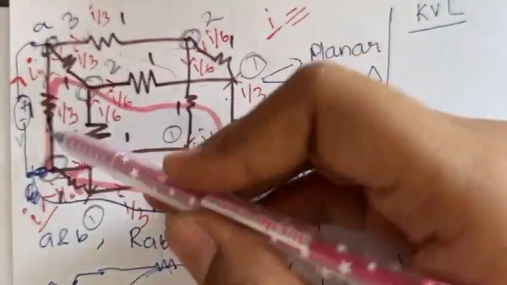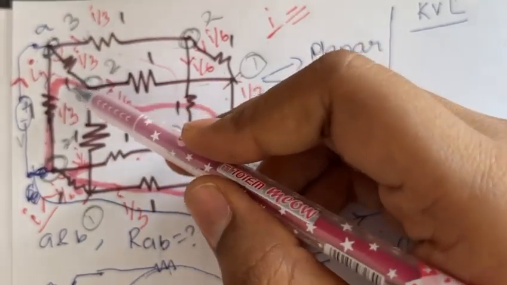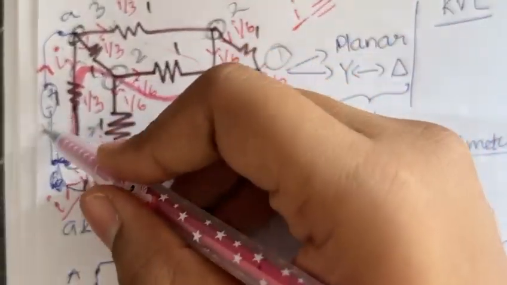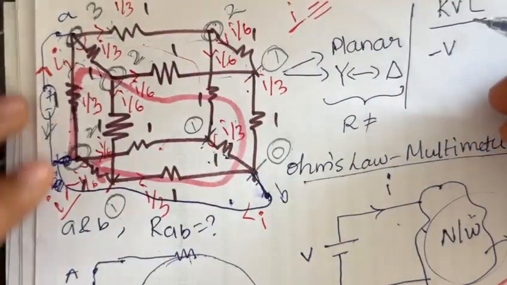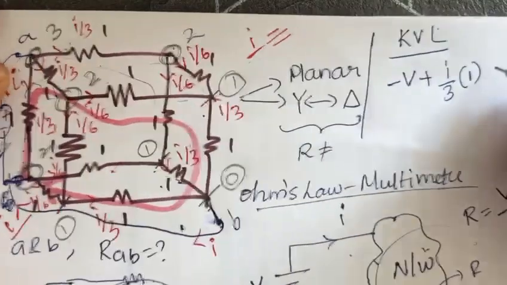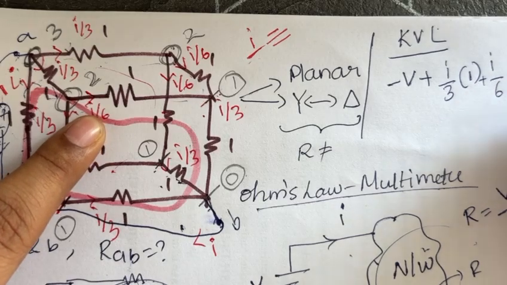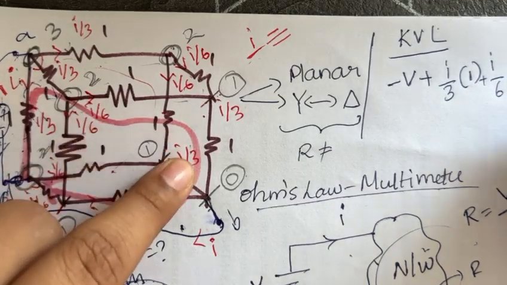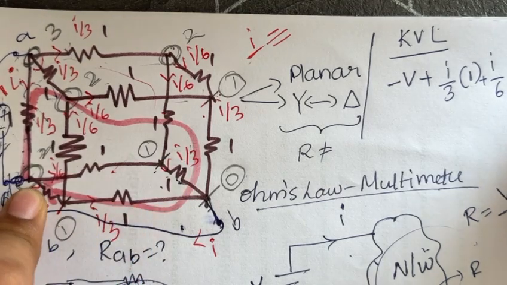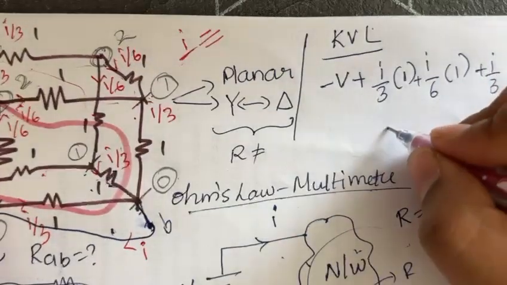In this loop, the current through this would be I by 3 and the resistor is 1 ohm. So first the voltage, this would be minus V, and then current I by 3 into 1 ohm resistor, then I by 6 into 1 ohm resistor, I by 3 into 1 ohm resistor, and this will give out 0.